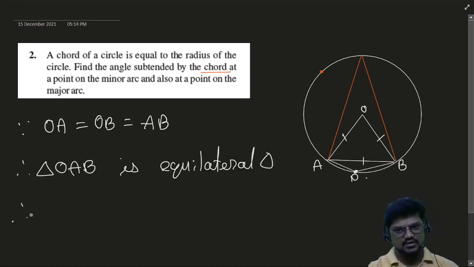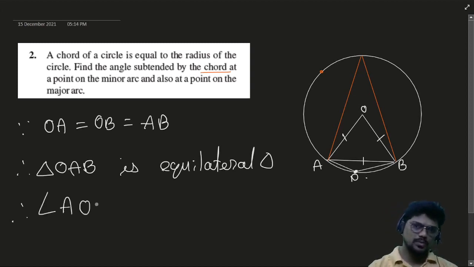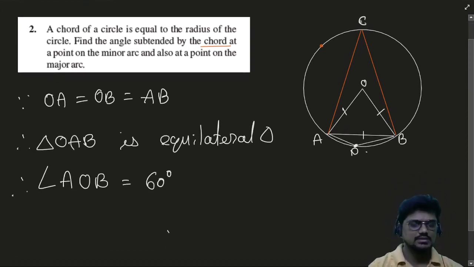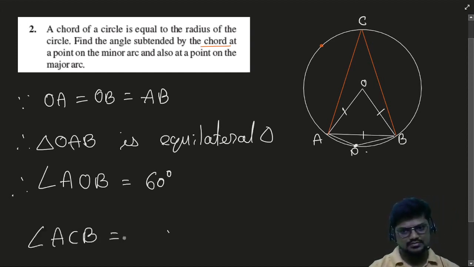Therefore, angle AOB will be equal to 60 degrees. That's clear. And if I say this is ACB, and angle AOB is 60 degrees, angle ACB will be 30 degrees, half of angle AOB.